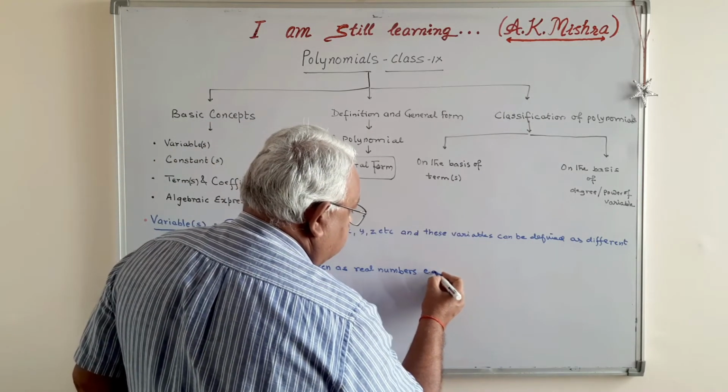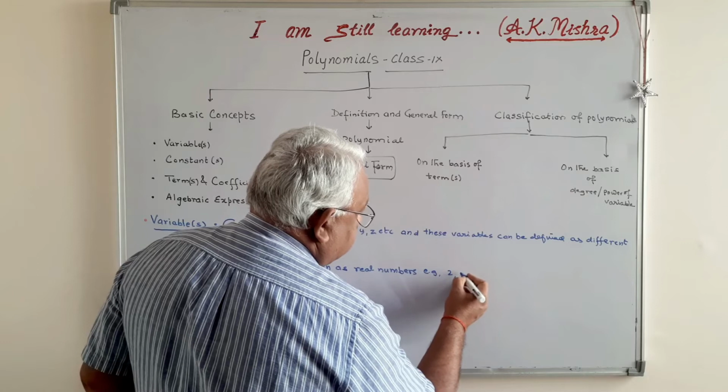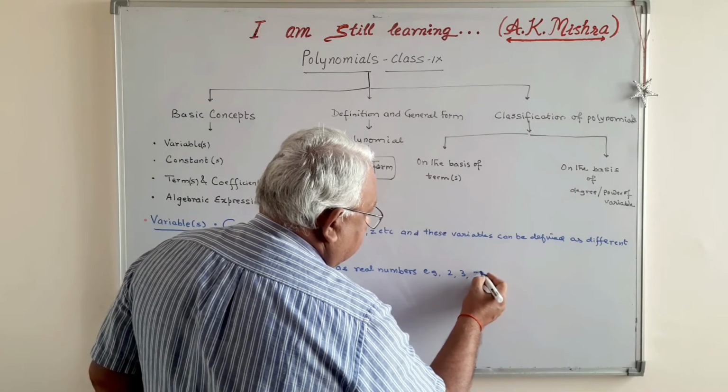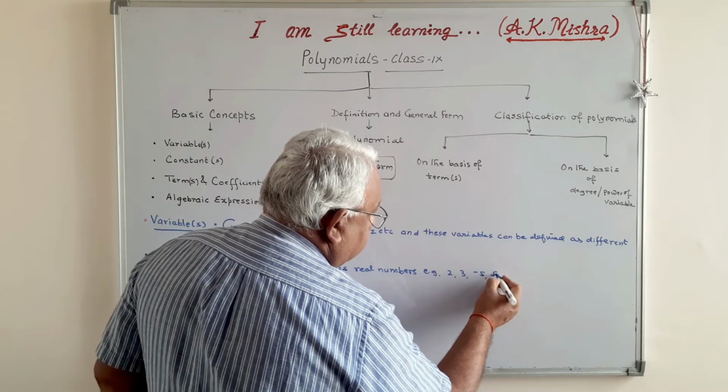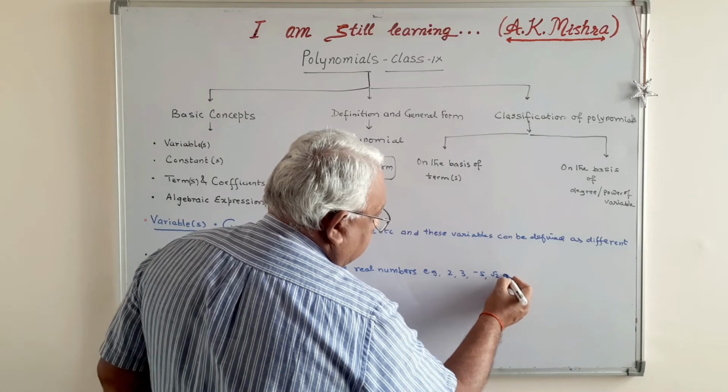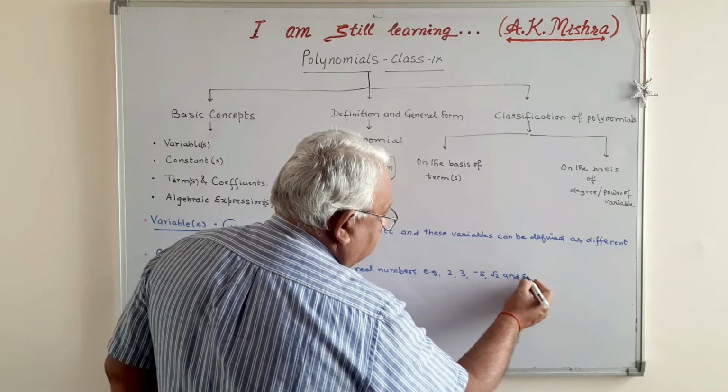For example, 2, 3, -5, root 2, and so on.